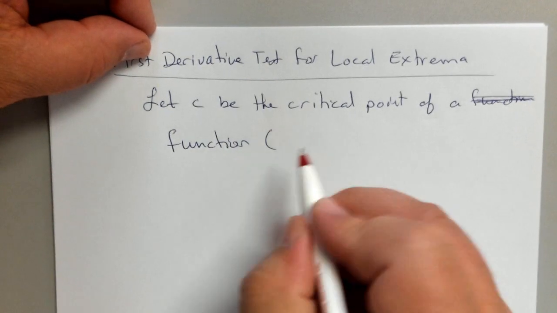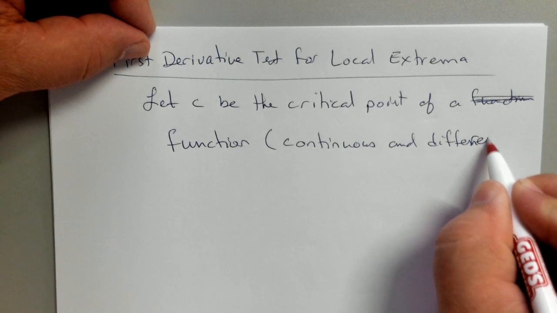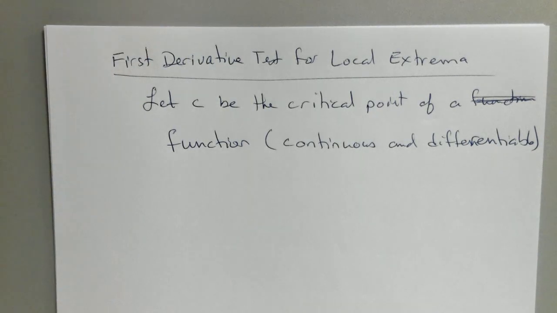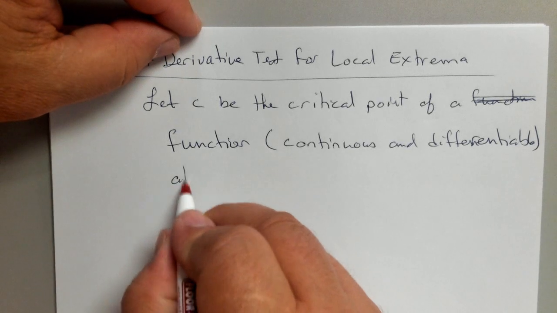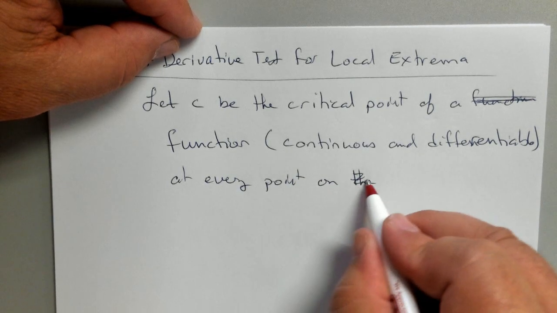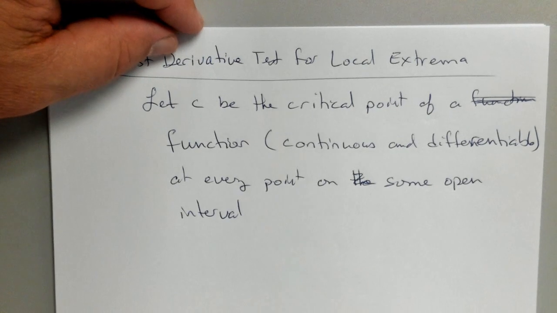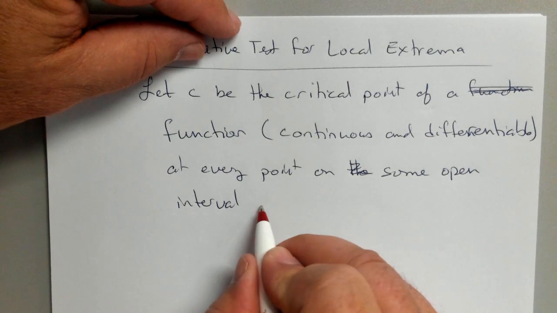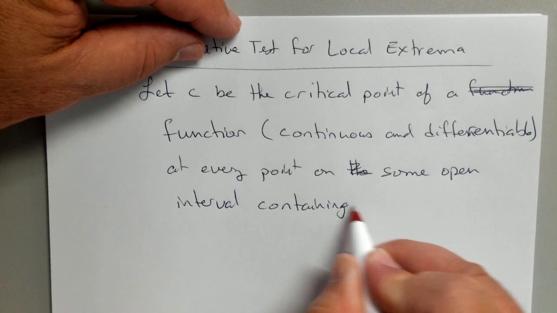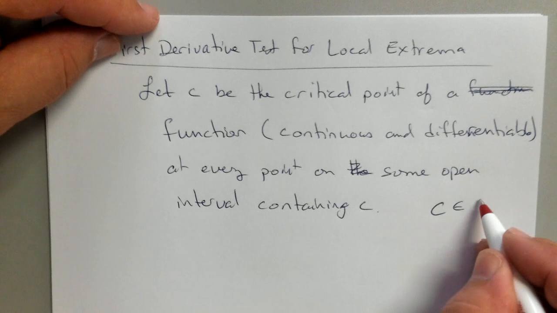So in other words, the function is continuous and differentiable at every point on some interval containing C. Remember, let C be a critical point on some continuous and differentiable function, where it's differentiable and continuous at every point in the interval, and C is an element of that interval.